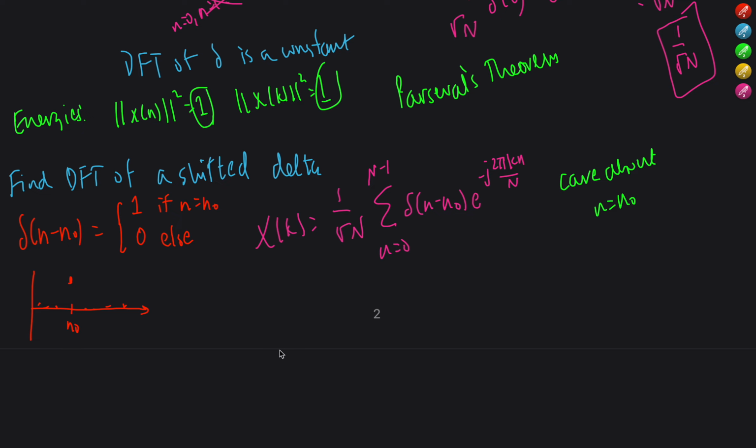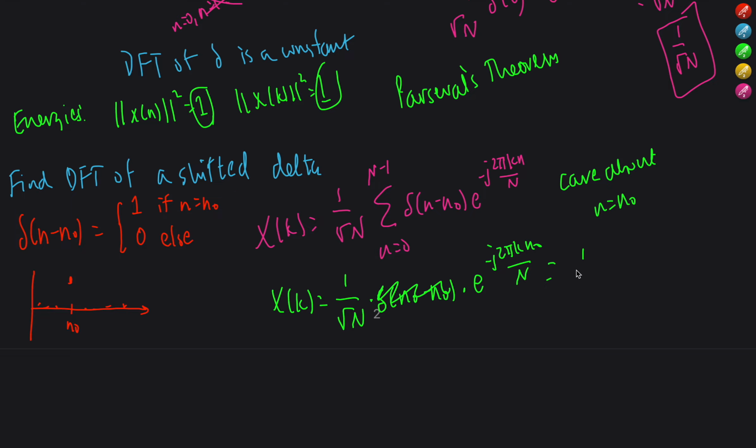And so that allows us to simplify our sum to X of k is 1 over root N. I only take the one where n equals n naught, so I have delta of n naught minus n naught times e to the minus j 2 pi k n naught over N. And this thing becomes delta of 0, which is exactly 1. So it goes away. And then what do we end up with?